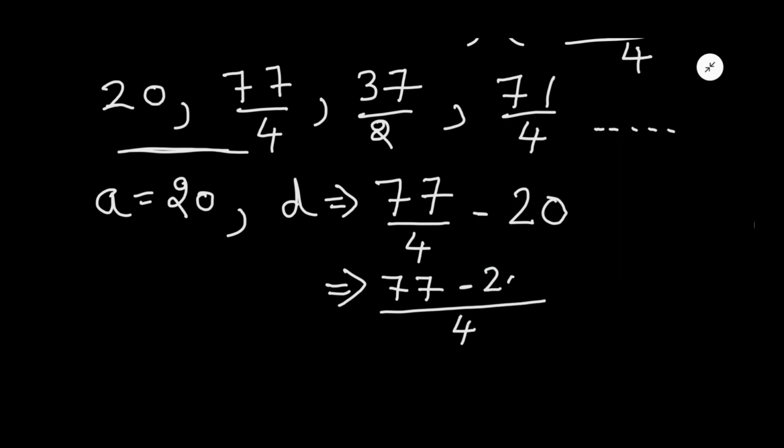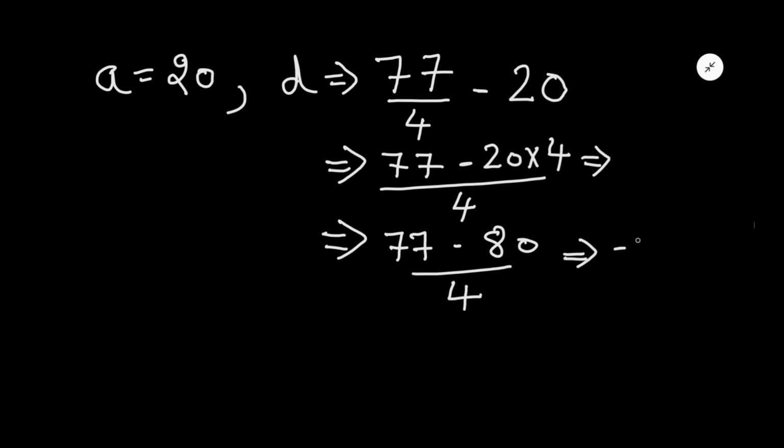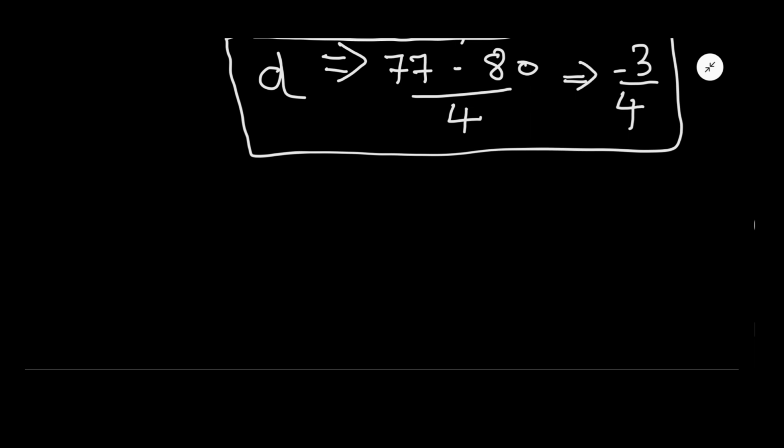So 77 minus 20 into 4. So 77 minus 80 divided by 4, which is equal to minus 3 by 4. So the common difference is equal to minus 3 by 4.